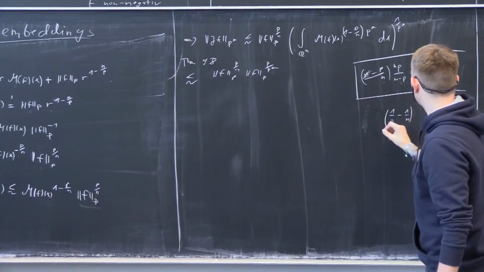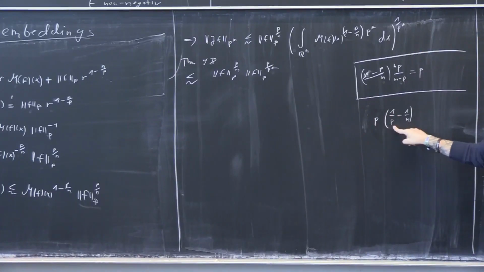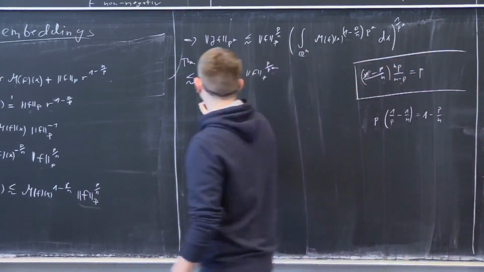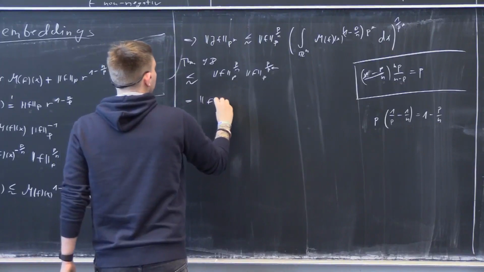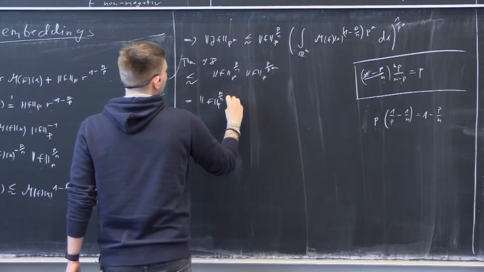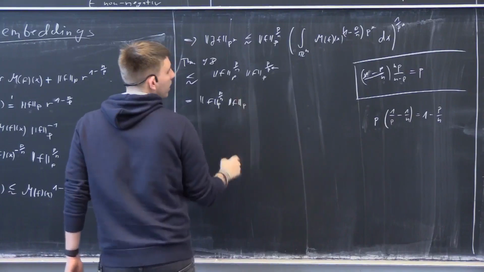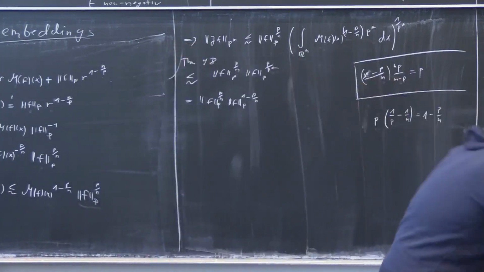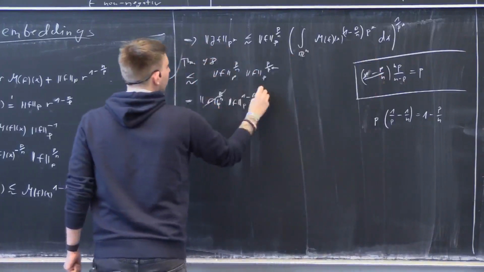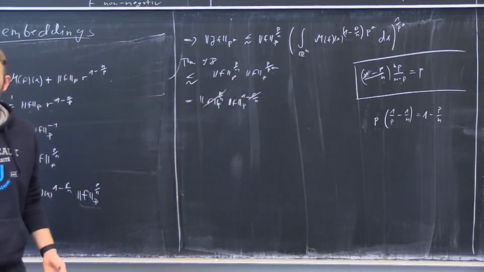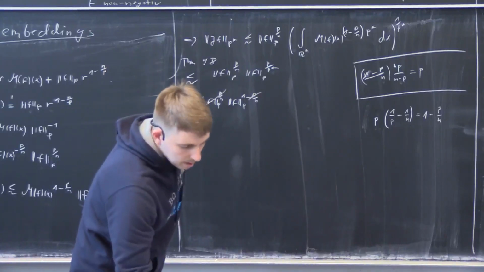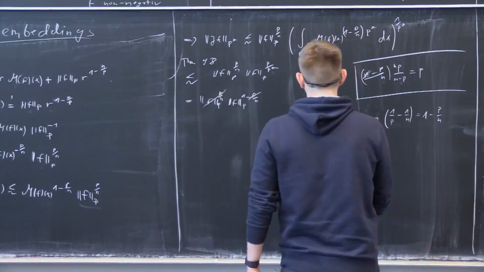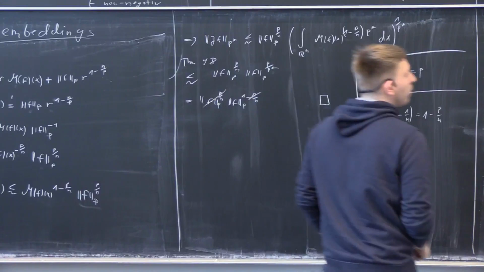Then I want to multiply it by P. This gives me 1 minus P over N. So here I have P norm to the P over N, another P norm to the 1 minus P over N. Then I cancel this out with this, and I just remain with the LP norm of F. So this was indeed what we claimed in the result.